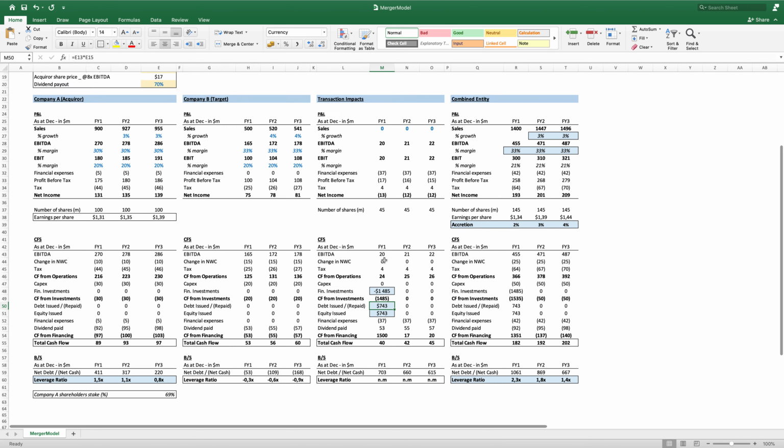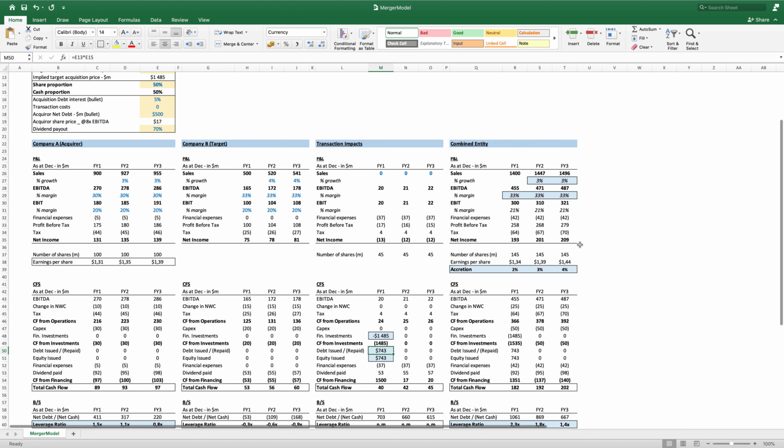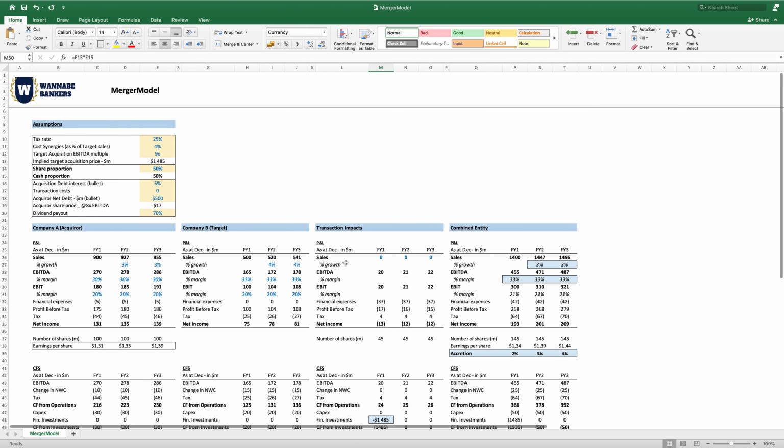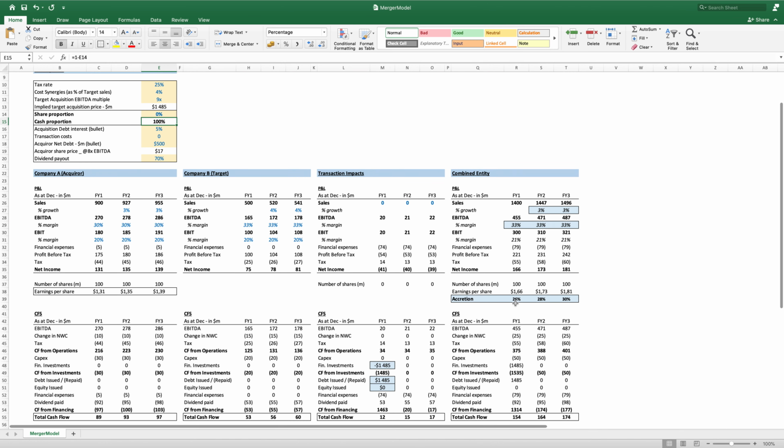And what we could do also is see how those numbers would change when we change the case. For instance, if I use 0% equity, which means that company A would fund 100% of the acquisition price through acquisition debt, you see that the accretion increases because we don't have to issue any new shares anymore.